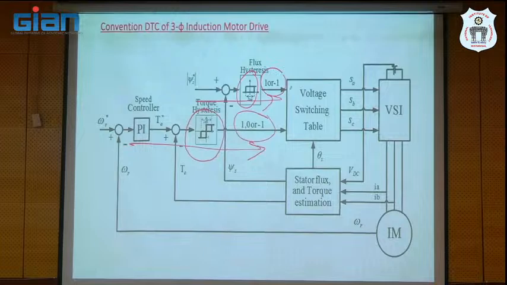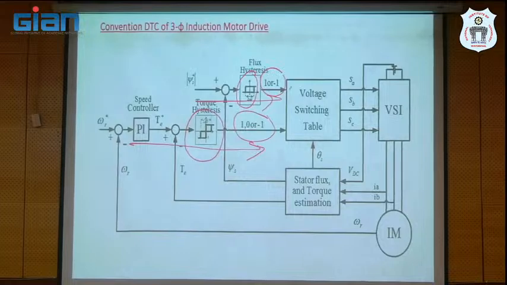Because of a single 0, the instantaneous value will not get affected. If you apply 0 for more instants, your average value will get affected. You got my point? That's why you should not apply 0 continuously. Based on the requirement, based on the situation, your controller will take care of everything.